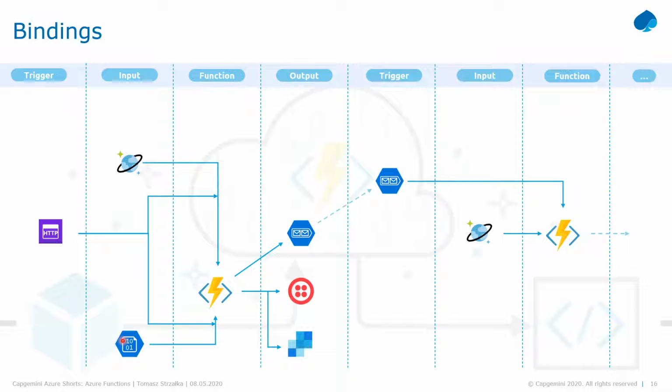This Blob storage serves like a file repository, but all those data will go as input bindings to our Azure function, and our Azure function will call SendGrid services, which is responsible for sending emails, Twilio service, which is responsible for sending us text messages, and some other queue service, which is responsible for, in this case, just triggering the second imaginary Azure function.